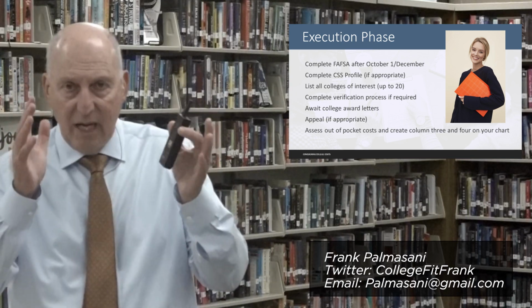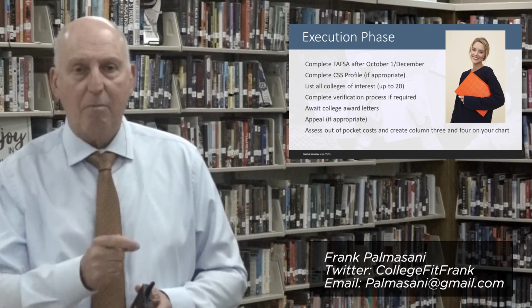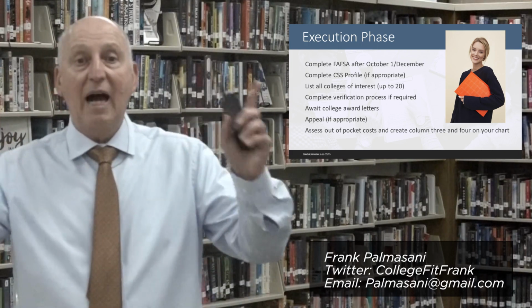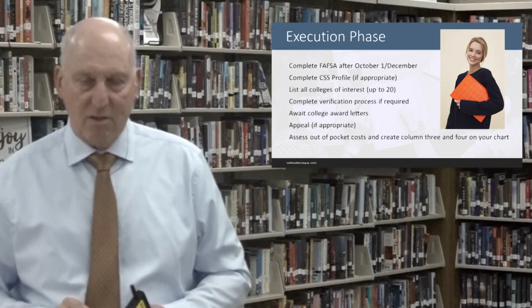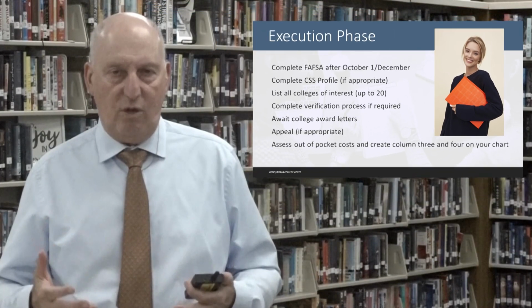A more comprehensive look at what we will call column 3, your out-of-pocket cost. But now we have new variables, variables that may cause you to appeal that information. Column 4, what institutions will be willing to work with you?